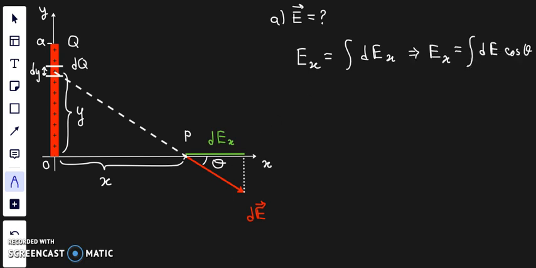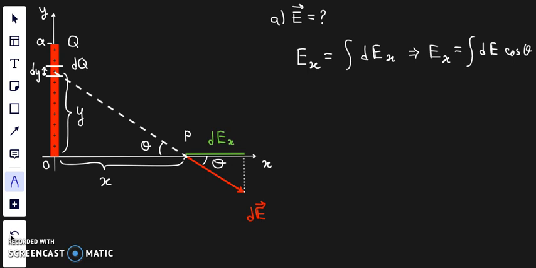Now, dE is the electric field strength due to point charge dq, so I'll just use the formula for the electric field due to a point charge for that. Cosine theta can be expressed in terms of x and y. Note that this angle here is also theta. The dashed line, the distance between dq and P, is forming a right triangle with segments x and y.